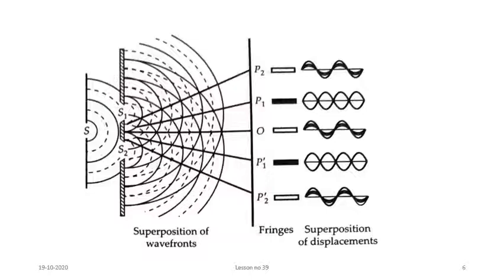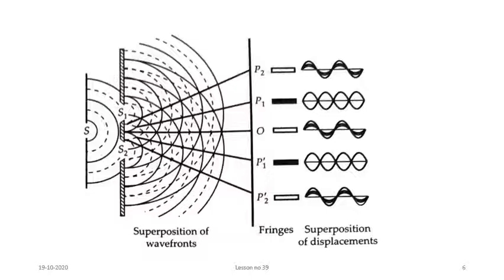Now, at the points P1 and P1 dash, what happens? The crest of one wave falls on the trough of the other wave. Now when this happens, the two waves superimpose and cancel each other to form a resultant wave, which will be a simple straight line.